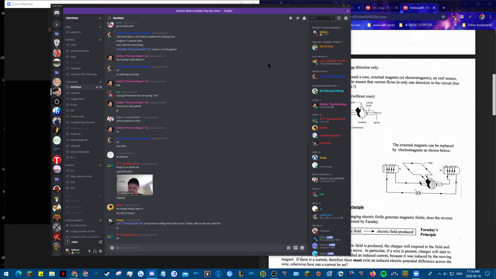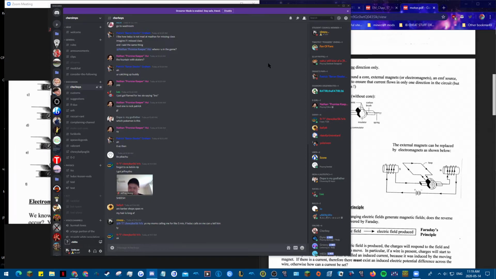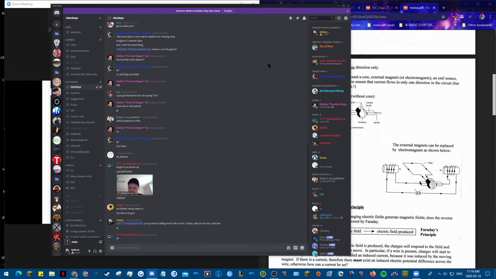Here's the current. The current comes in, goes from high to low. So the current comes in, goes through the brush. The brush is making contact with the black metallic part, allowing the current to go through. So the current goes in this direction. Let me make this a little bit bigger. All right, so the current is going from A to C. In red, I'm going to put the current.